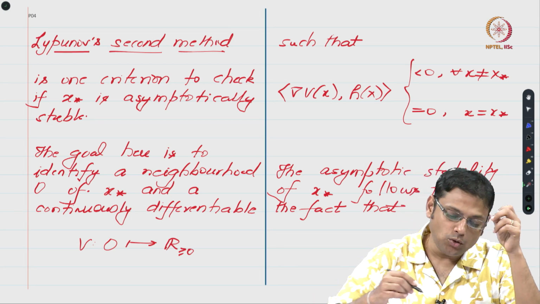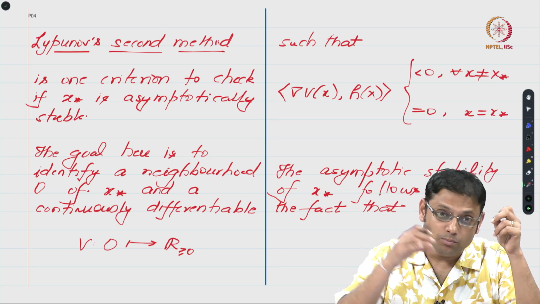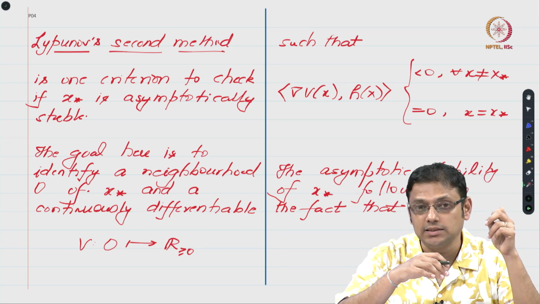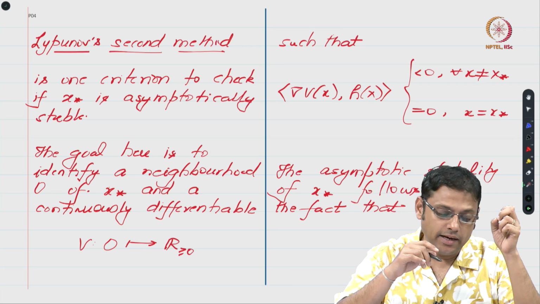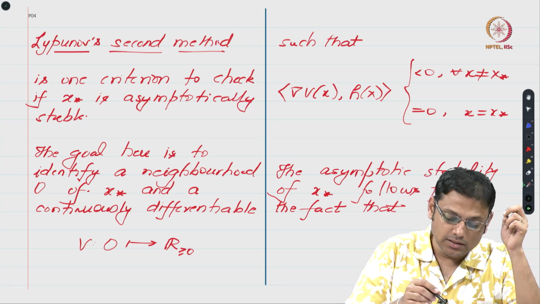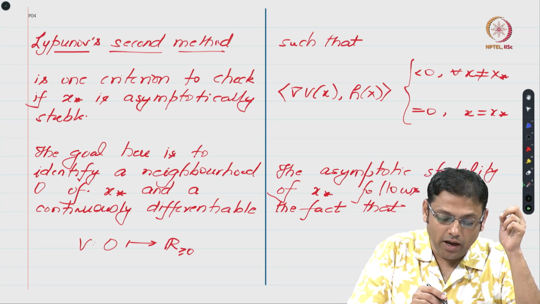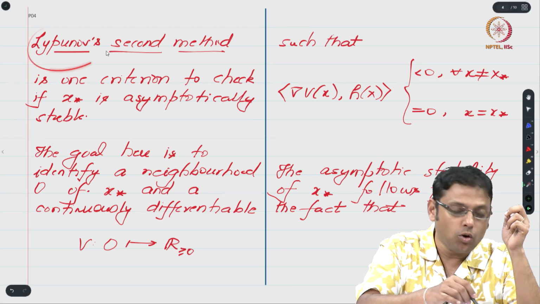One way to check whether the trajectory will move towards either this equilibrium point x star or this invariant set M is via what is called the Lyapunov method.